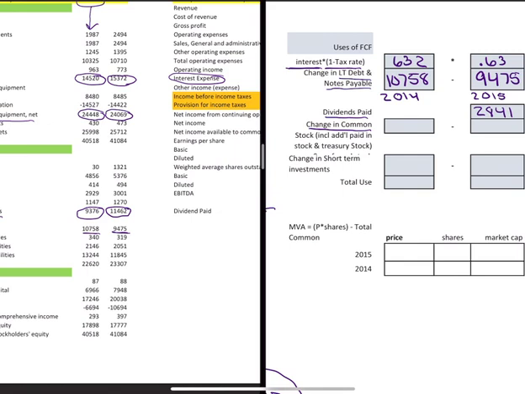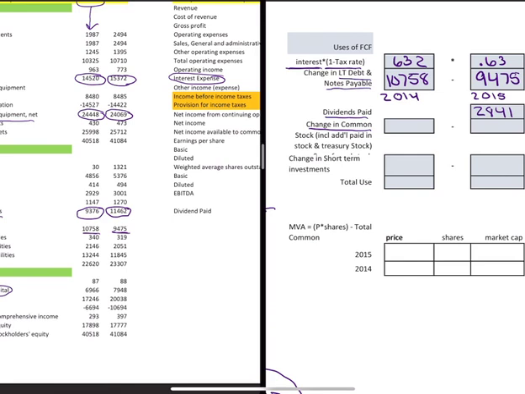This is going to include common stock, additional paid-in capital, and treasury stock. Okay, so we're going to add common stock, additional paid-in capital, and treasury stock.